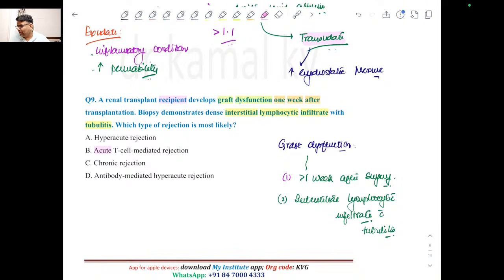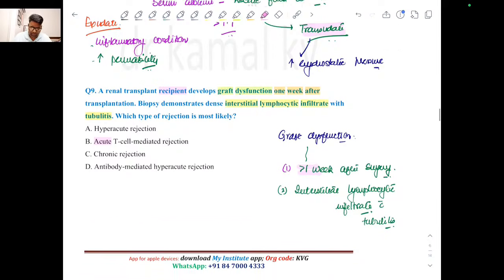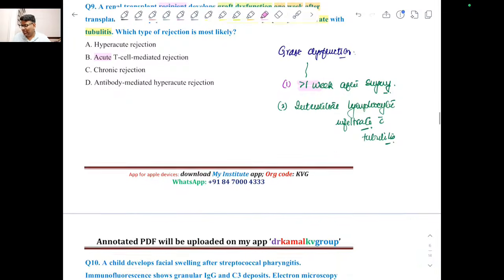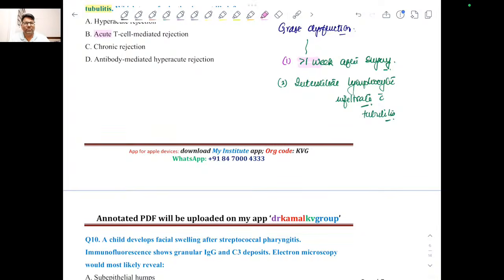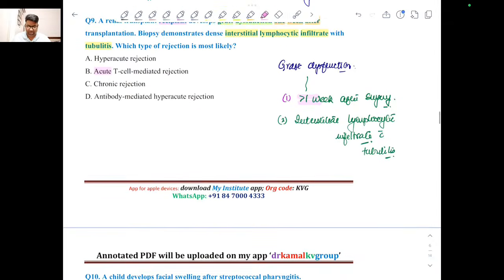Yes, hyperacute is within minutes to hours, very good. So the moment you find somewhere around 1 week, think of acute T cell mediated rejection. This is how you should remember the timelines, because this concept has been asked many number of times. So please be perfect with this concept.